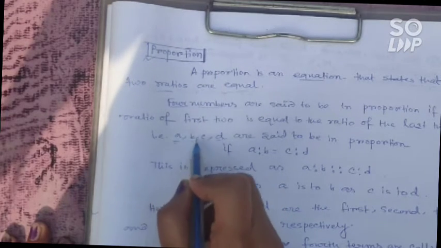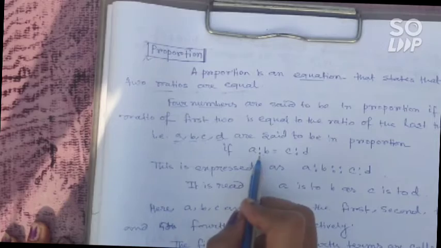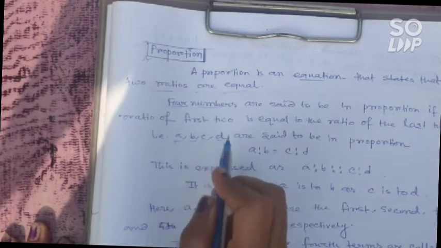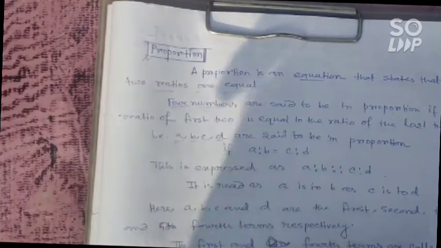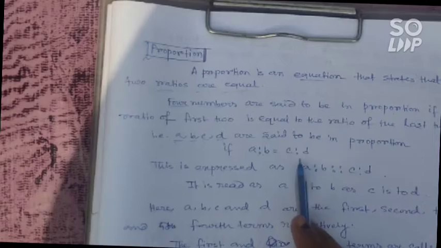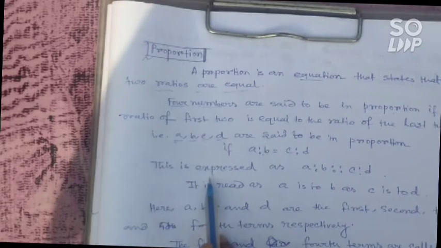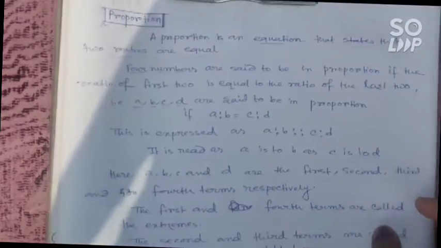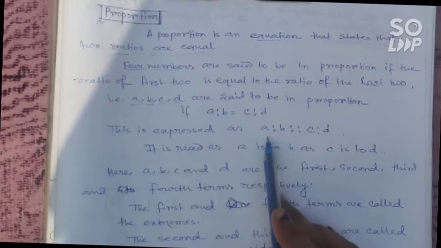Here the first two numbers are A and B, so the ratio of A and B equals the ratio of C and D.